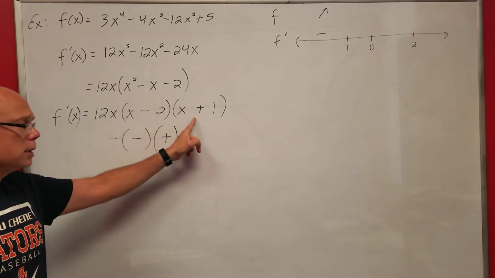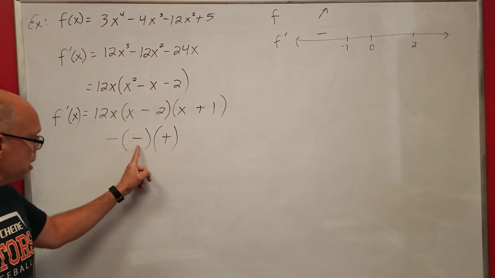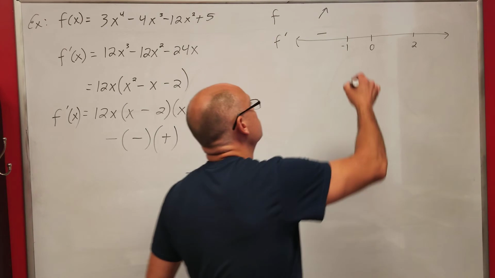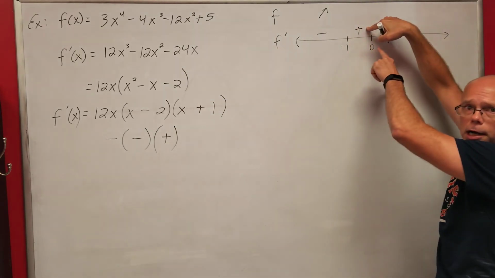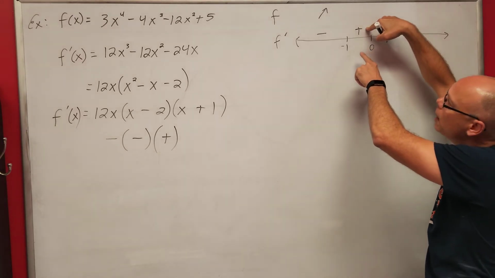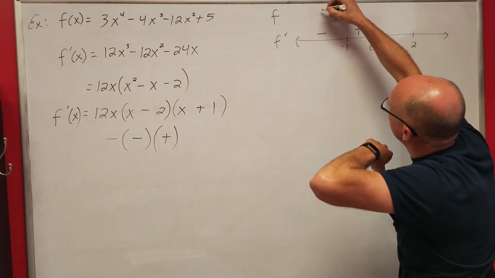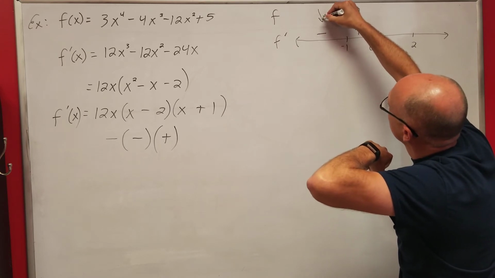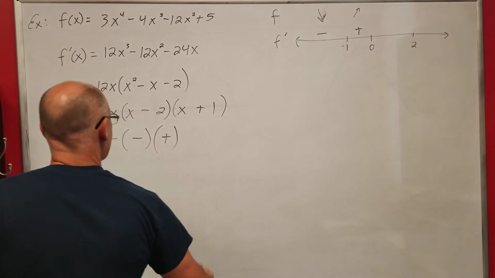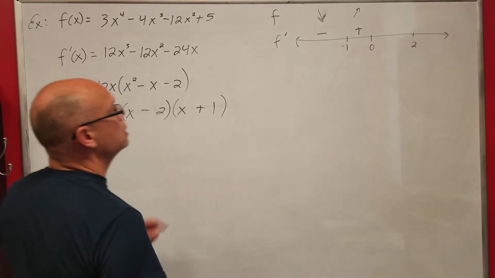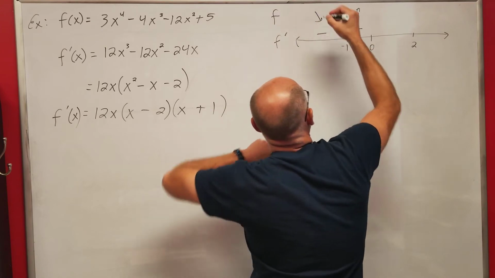Now, if all three of these factors are being multiplied, what's negative times a positive? A positive here. So if f prime is positive, if my slopes of my tangent line are positive, that means that f is increasing. Actually, this should be decreasing for the negative one. So change this to decreasing right here, okay? I had the wrong thing up there.